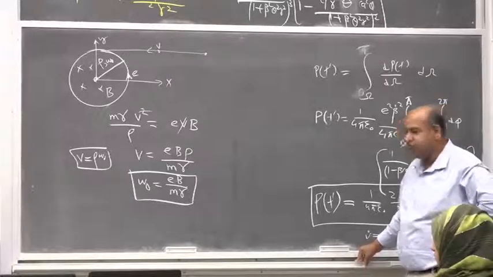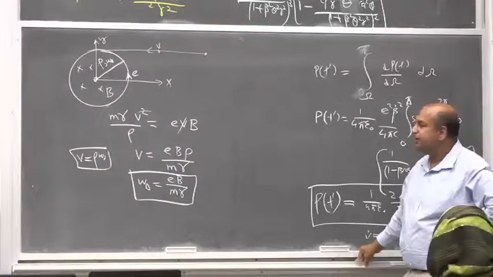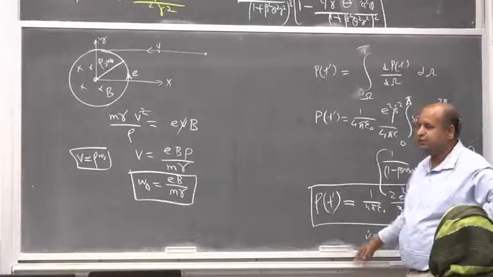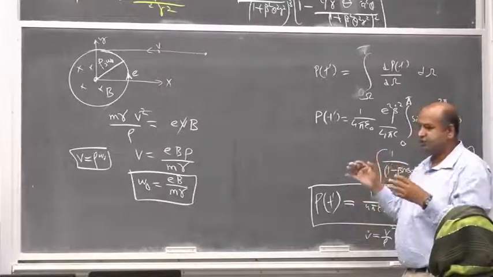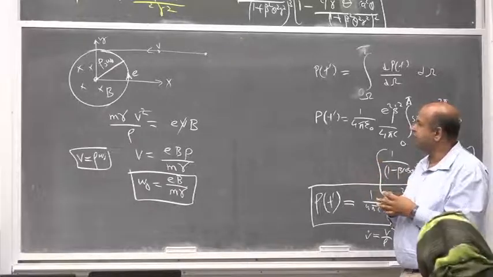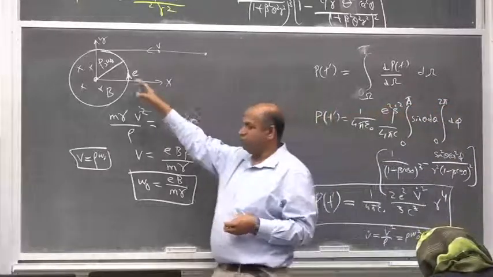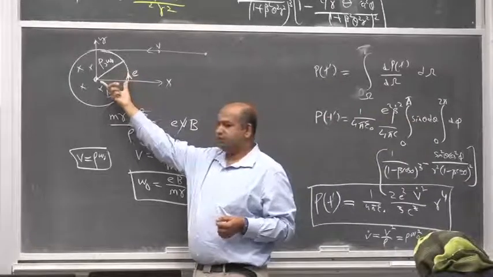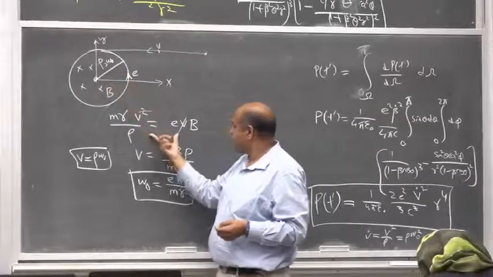Well, they have to emit radiation, and because they are emitting radiation, their energy is decreasing, so their radius is decreasing, because their kinetic energy is proportional to the velocity, and since velocity is decreasing, the radius would have to decrease because of this equation.